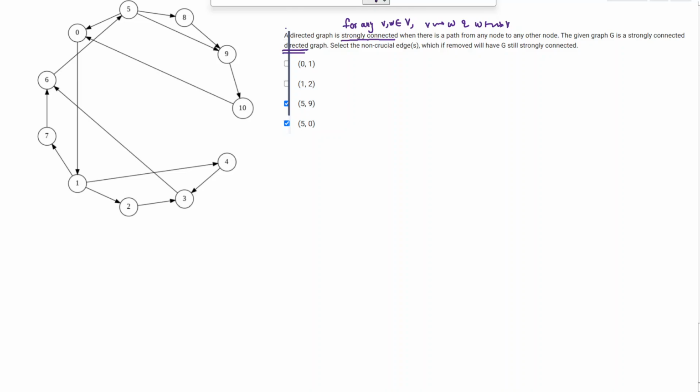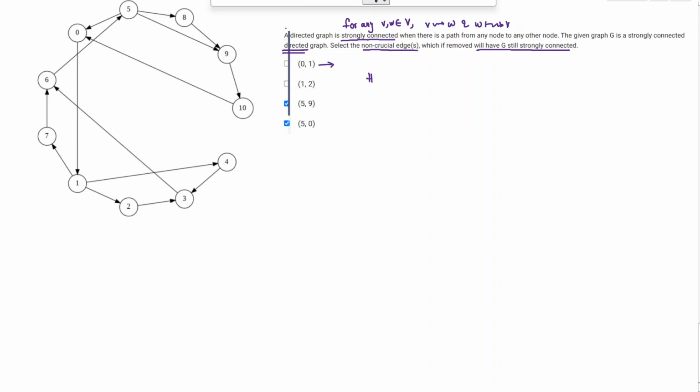Now select the non-crucial edges. Now what is meant by non-crucial edges? Even if they are removed, G is still strongly connected. Despite removal, G will remain strongly connected. Now how to check if 0 1 is crucial or not?